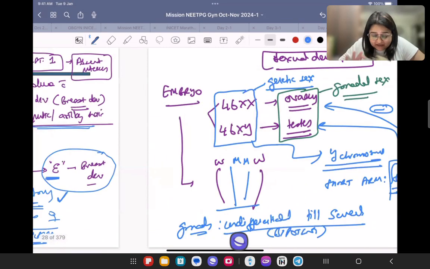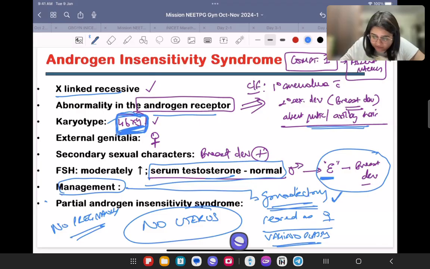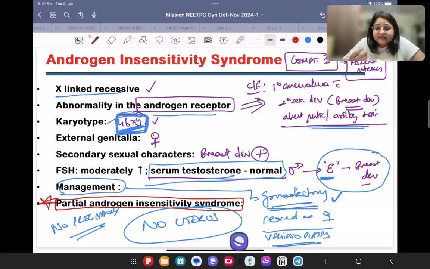Now coming to another small topic which is important to understand, called partial AIS. Now ये जो partial AIS है, इसमें the name itself tells you that there is partial androgen insensitivity. मतलब some receptor sensitivity is there.